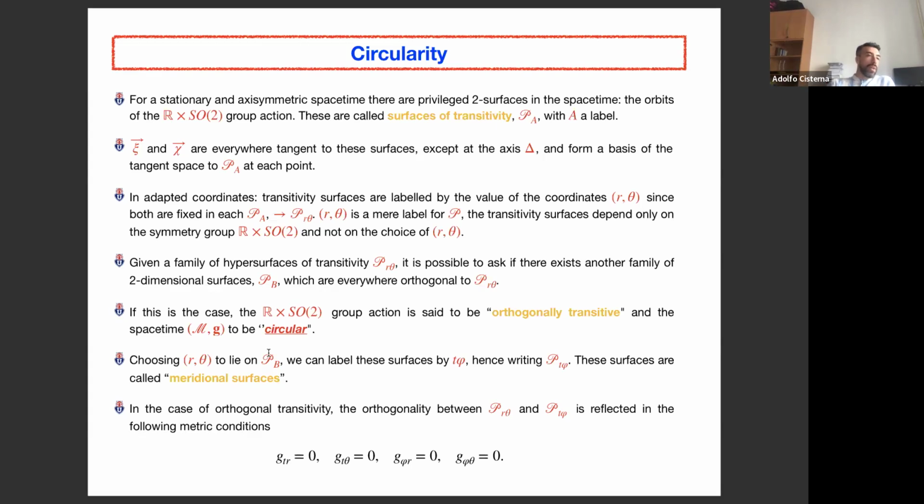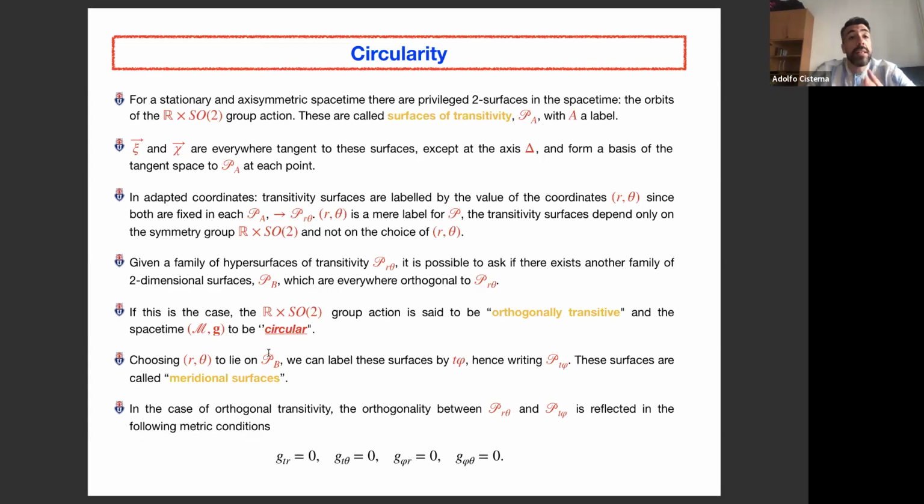This is a theorem, the circularity theorem. So most of the time we are dealing with that. But when dealing with theories like modified gravity, with a scalar field, or more astrophysically relevant types of fluids, circularity shouldn't be taken for granted, and then you need to deal with more general spacetimes.